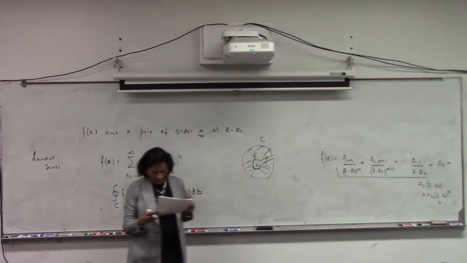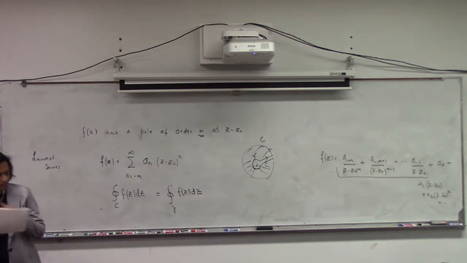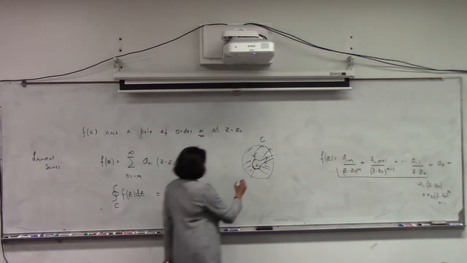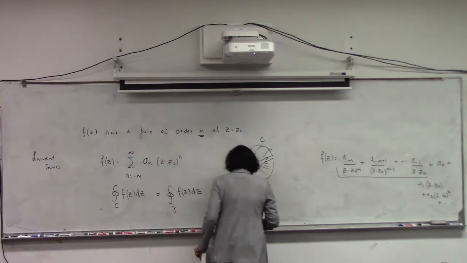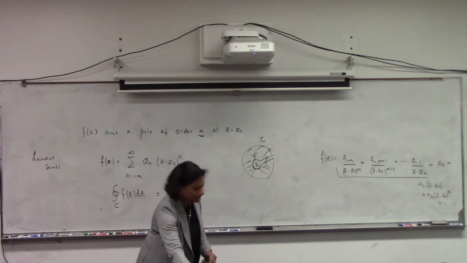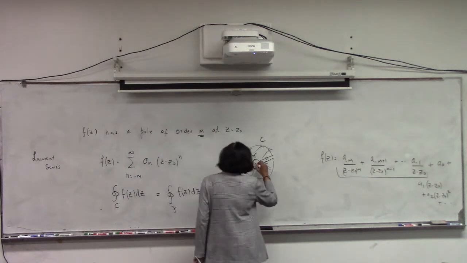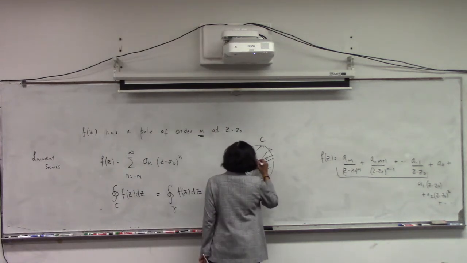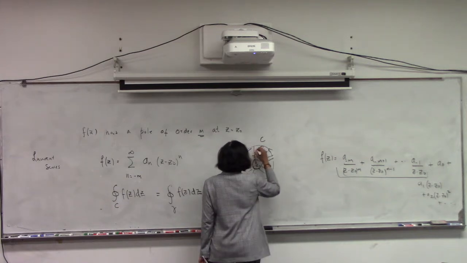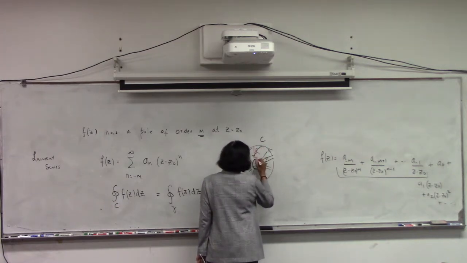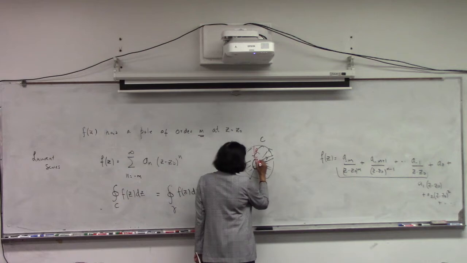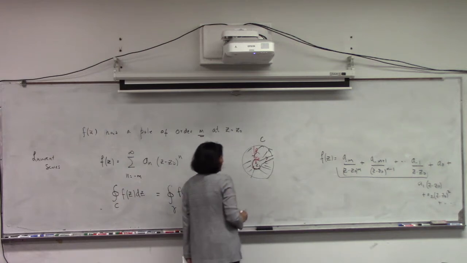Let me just define all these things carefully for you. Let's call the radius of the smaller circle rho, and let's say the radius of the bigger circle is r. z is any point on this smaller circle, let us say.